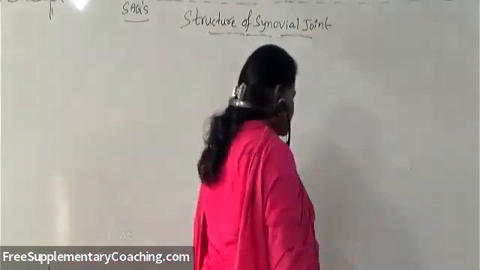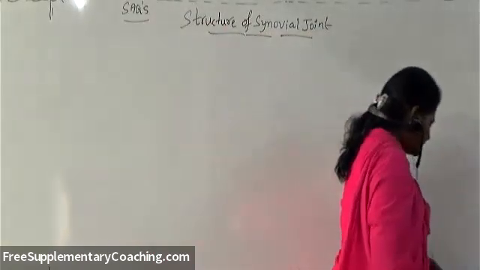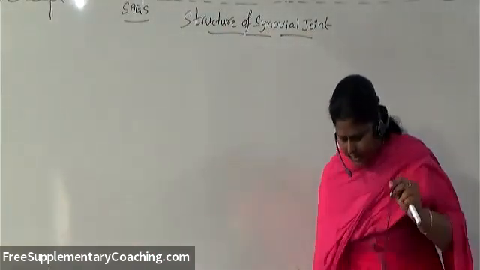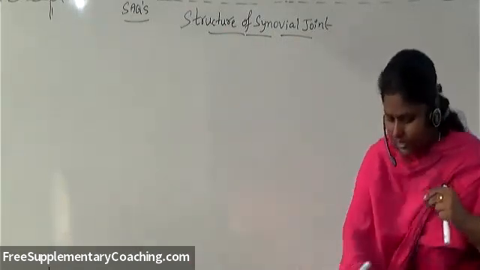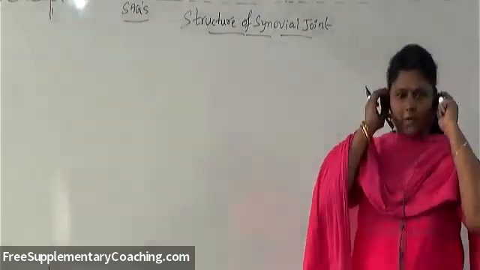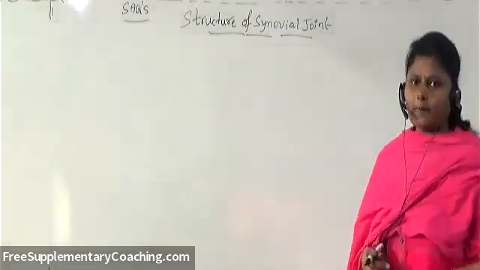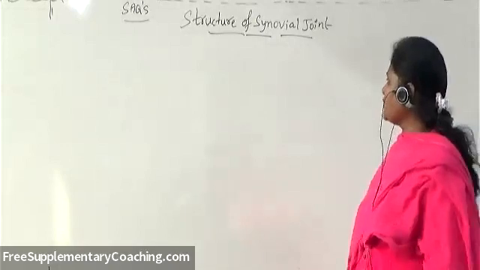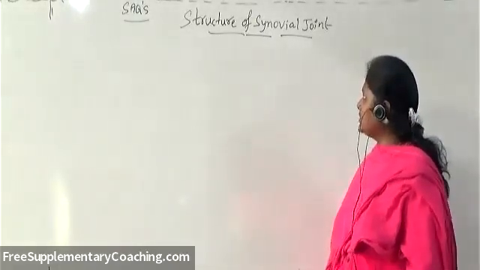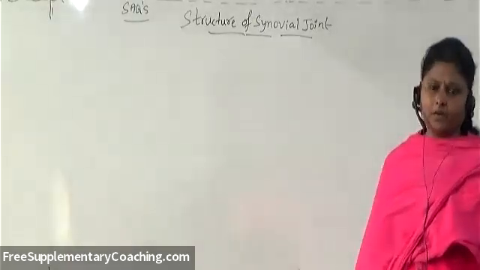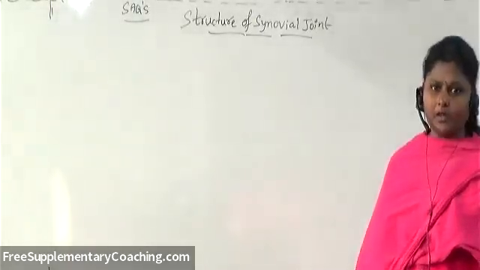So first let me give the explanation. After that, based on that, you can draw the diagram. So what is the synovial joint? We have different types of joints. In that, the synovial joint is one of the important joints that helps in free movement of different joints of the body.